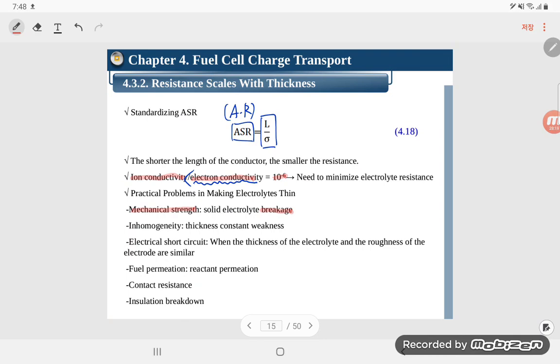Inhomogeneity of thickness, constant weakness, and roughness are very important when we make the fuel cell membrane. And there is electrical short circuit, when the thickness of the electrolyte and the roughness of the electrode are similar.